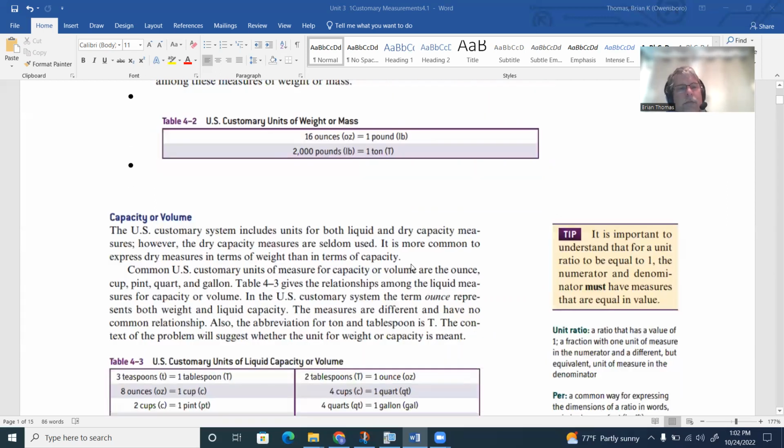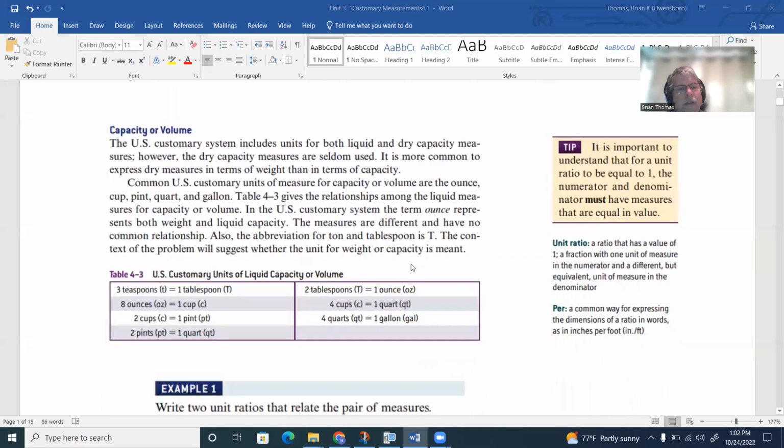The other thing we have is what's called capacity or volume. Capacity or volume could be both a liquid or a dry measure. But most common here in America, dry measure is usually going to be represented in ounces and pounds. Liquid measure is more of what these units will be used for.